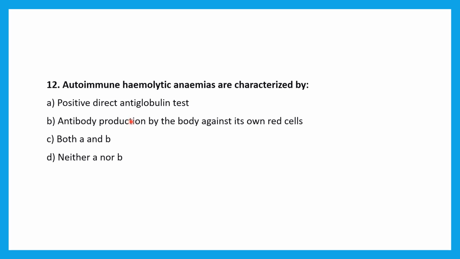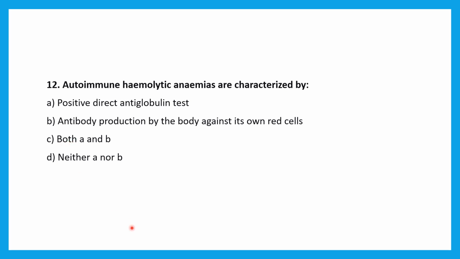The word autoimmune is the key word, because when we talk about autoimmune hemolytic anemia, we define this as the production of autoantibodies that target the patient's what? On RBCs. And when we talk of the positive direct antiglobulin test, the DAT, or in other words, the Coombs test, it is actually one of the key diagnostic tests that are performed, and it detects these antibodies or those complement components which are coated on the surface of the patient's red blood cells.